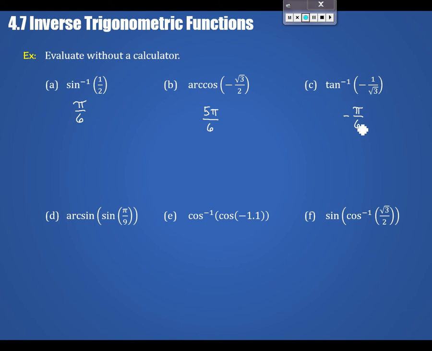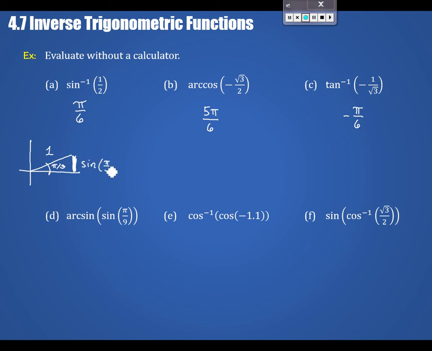Talk to me about D. Now, pi over 9, I don't know the sine of that. I do know how to draw it, though, right? Here's the sine. Here's pi over 9. If this is 1 unit long, then this is sine.